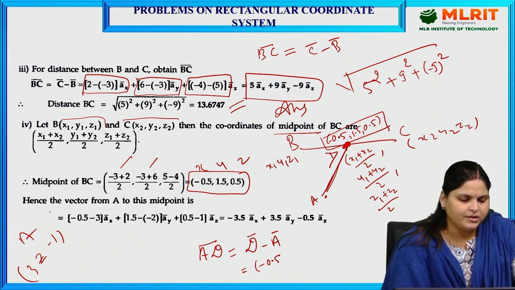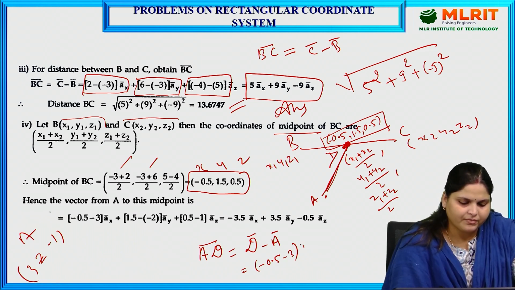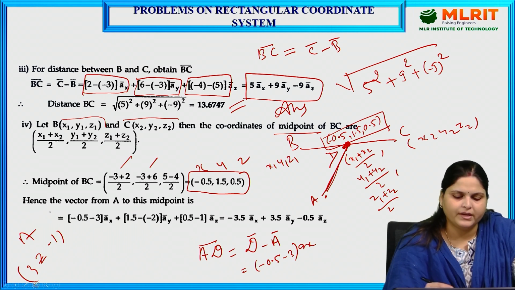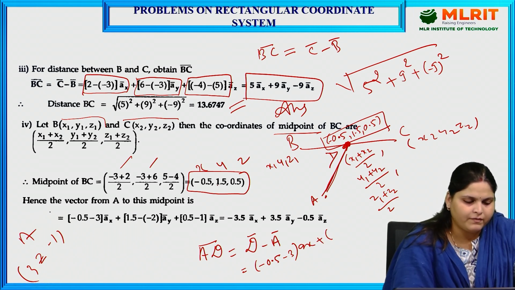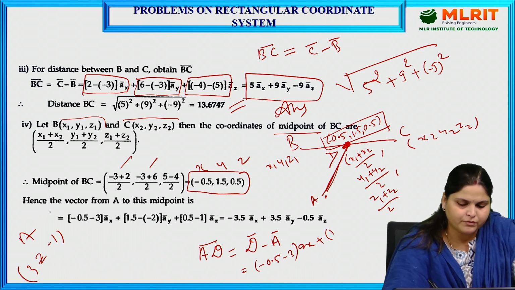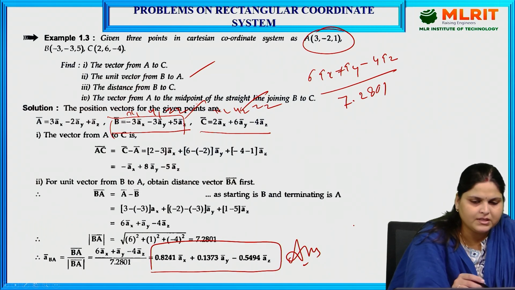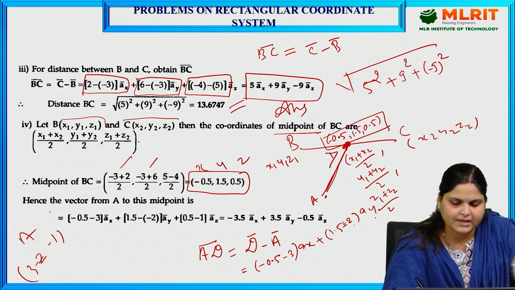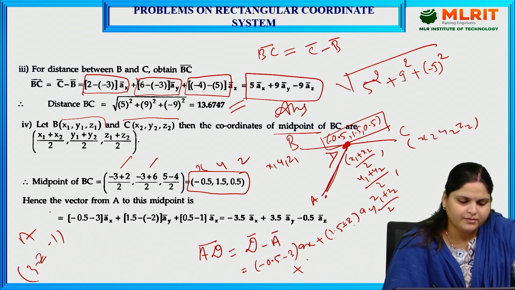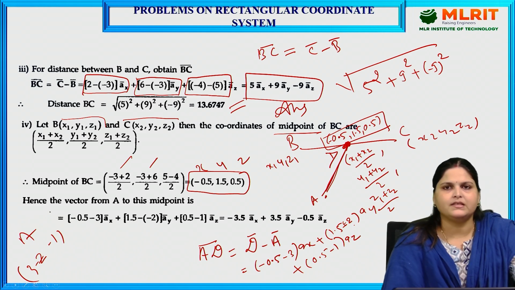Okay, so D minus A means minus 0.5 minus 3 ax. Okay, plus what is y of D? This is 1.5. So 1.5 minus 2, because this is 2 here, ay, plus what is z? 0.5 minus 1 az.